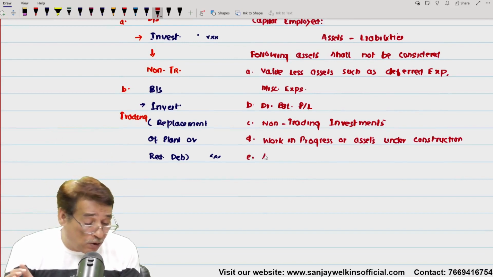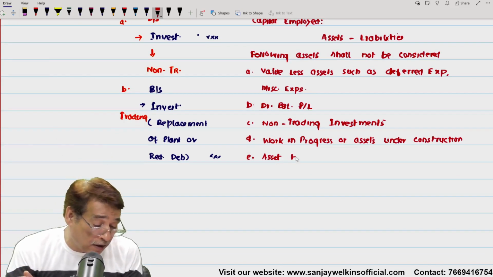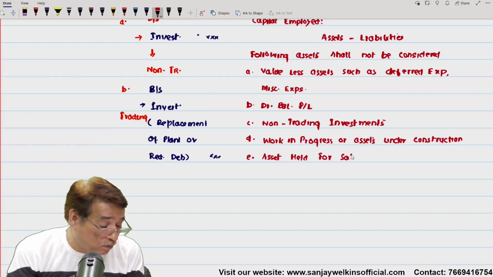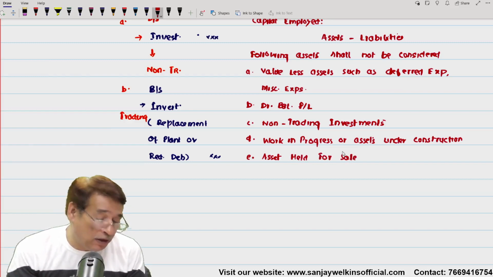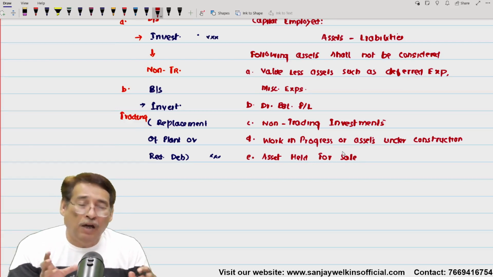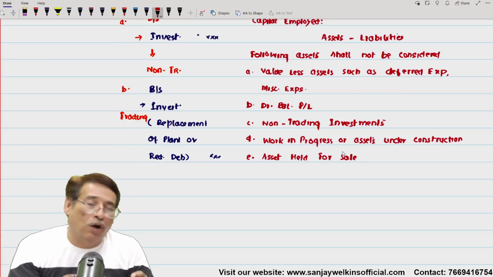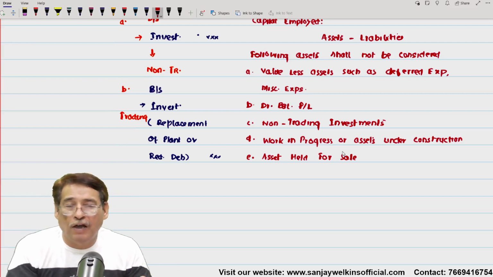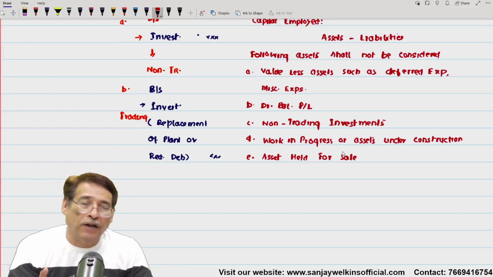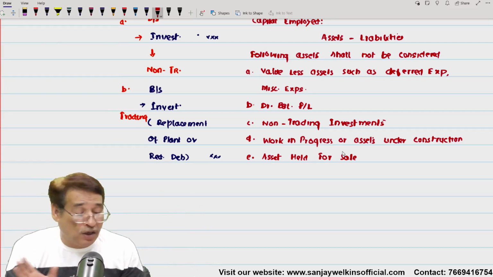You will also not include any asset held for sale. Suppose in the balance sheet it is written land for the purpose of sale, or plot of land for the purpose of sale. That means here the intention of the entity is not to use that plot of land, rather to sell it. So such assets will not be included.